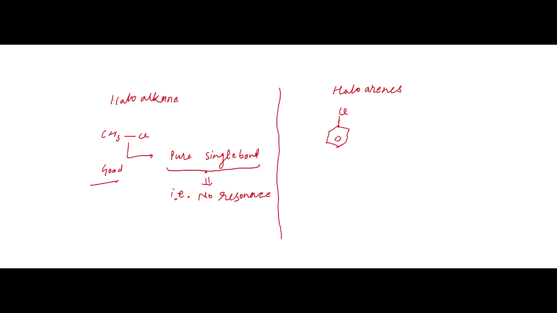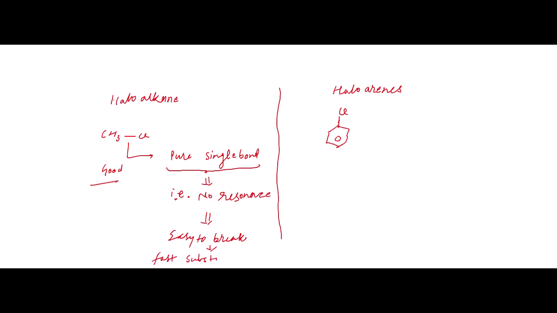Here all are single bonded, so no resonance. No resonance means a pure single bond, and a pure single bond is easy to break. Easy to break means a fast substitution reaction.